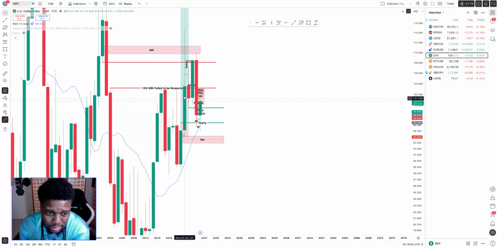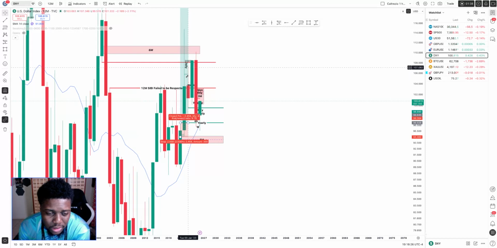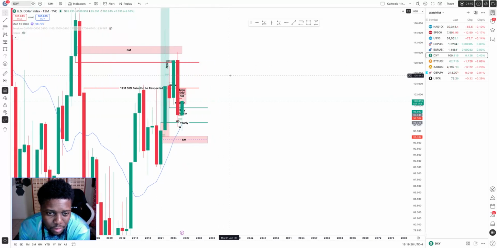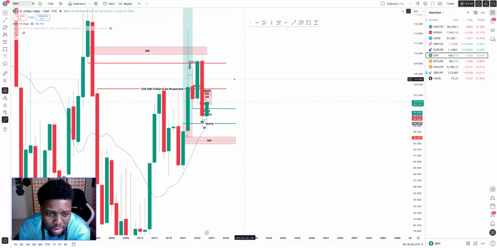And you could see in previous years, 2022 and 2023 to be exact, we traded up inside this area, and we closed below it. For fair value gaps, you want to see the bodies remain within the fair value gap if we are looking to head in the opposite direction.